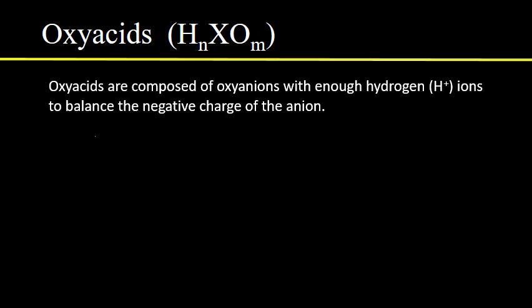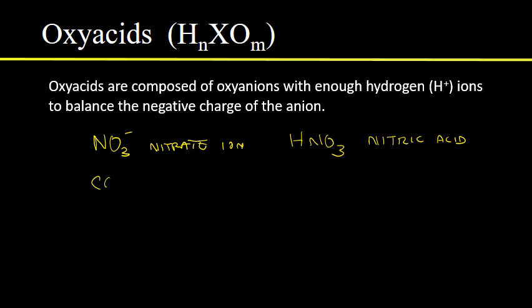So for example, one of our oxyanions was the nitrate ion. This has a -1 charge, so to balance that negative charge, we would need 1 hydrogen. So if we add 1 hydrogen to that, we get nitric acid. We've also got carbonate ion.